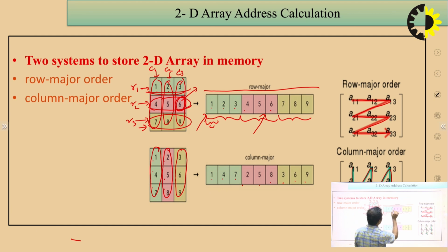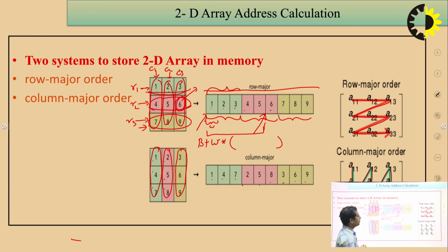First we want to calculate the number of bytes before this element. So it is base address plus w, the word size in 1D, into how many elements lie before the address we want to calculate.